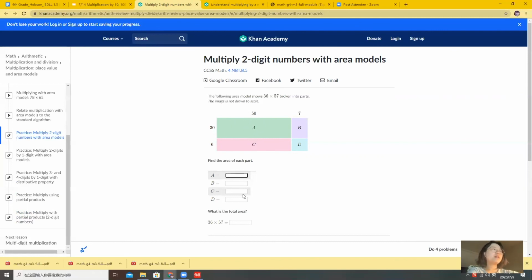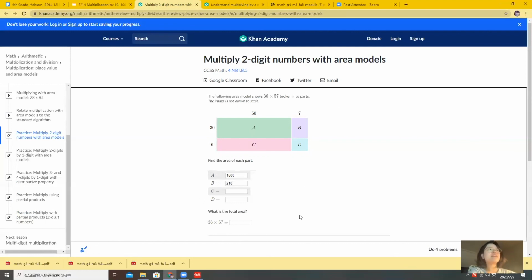That is 1,500. And for B, this shares the same side with area A, so this is 30 as well. So 30 times 7. What is 30 times 7 to get area B? That is 210.